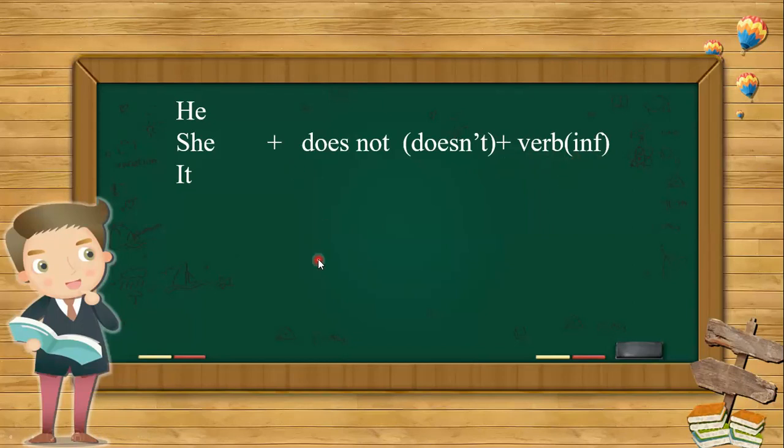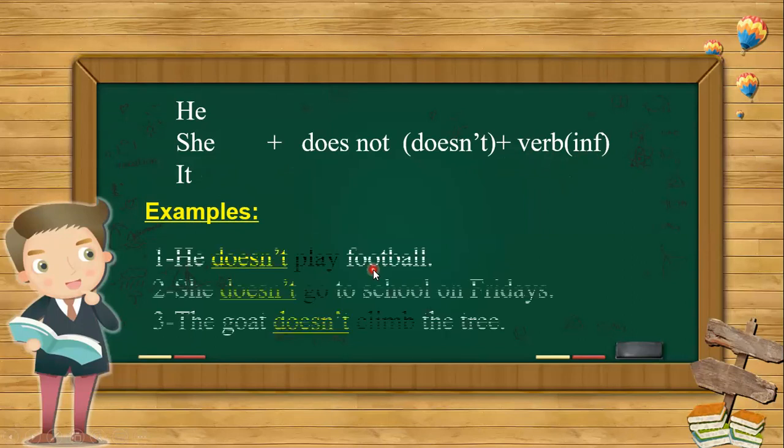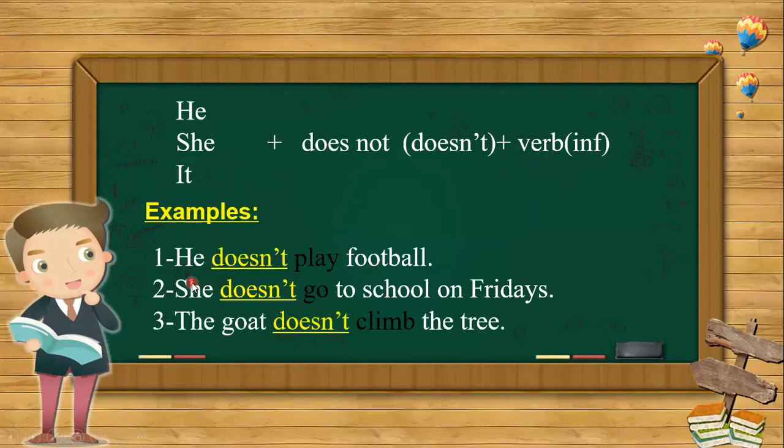Okay, let's see some examples. Example number one. Yes, Hala, thank you. He doesn't play football. Someone will tell me, he puts S on the verb. Where is the S in the verb? I tell him, no, there is doesn't here.